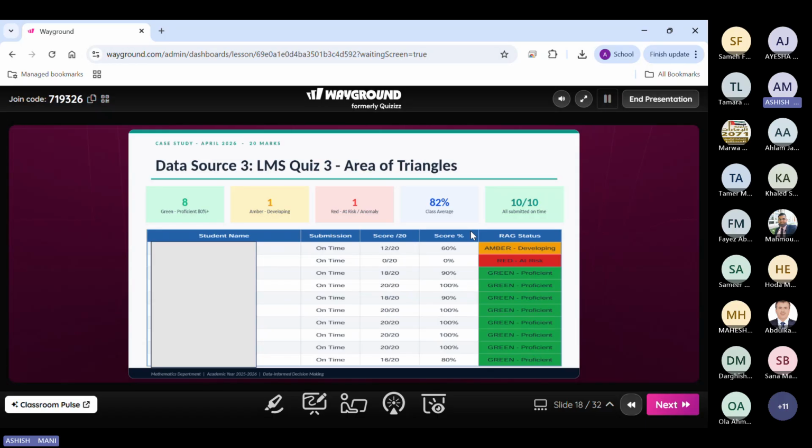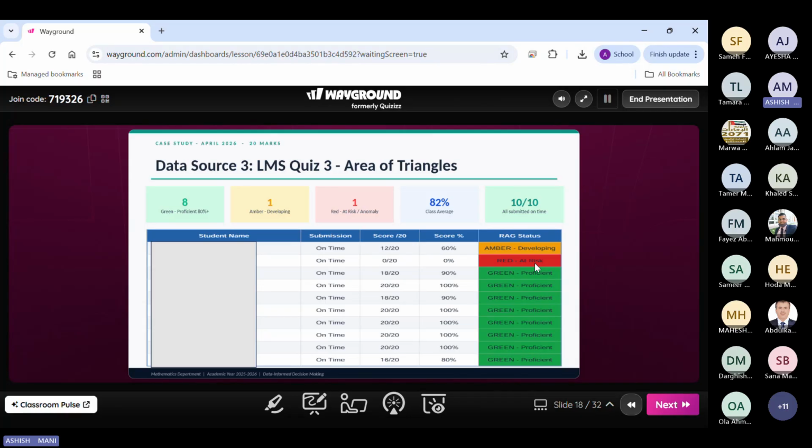The third one is the LMS quiz. The LMS quiz shows a strong performance. Here, 82% class average, better than Aleph. Only one student is at risk, which is red. What is the reason he gets 0%? Maybe some technical error.